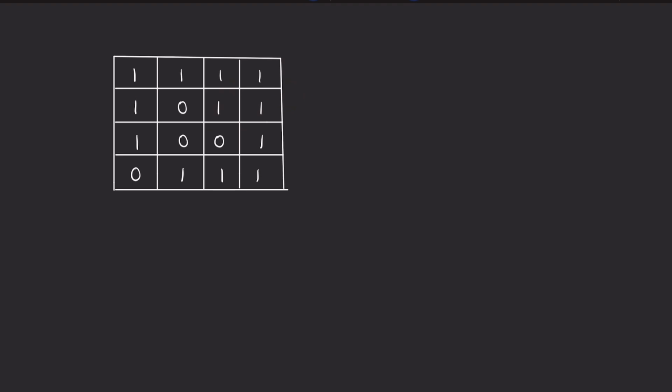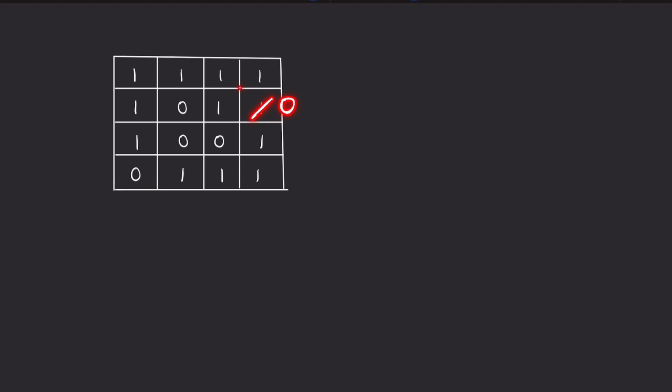Now the first thought that comes to our mind is to start from the beginning, traverse the matrix, and whenever you encounter any 0, just mark its entire column and row as 0, right? But what is the problem here? When you mark this entire row as 0 because of this 0, then this one will become 0.